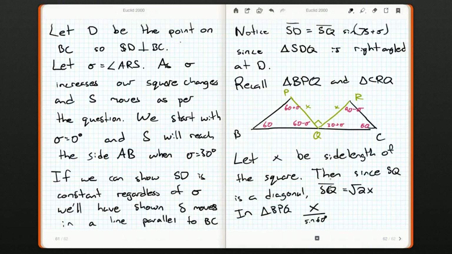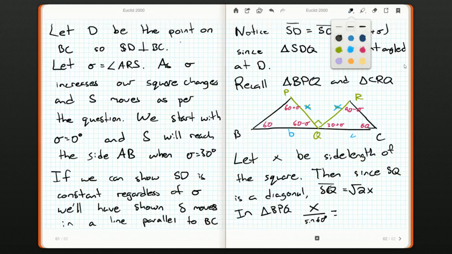Although, for all I know, we might just be able to leave this the way it is. But we have x over sine 60 degrees. And I'm also going to get it in terms of these lengths here, which I'll call B and this C, and we'll put these in blue.